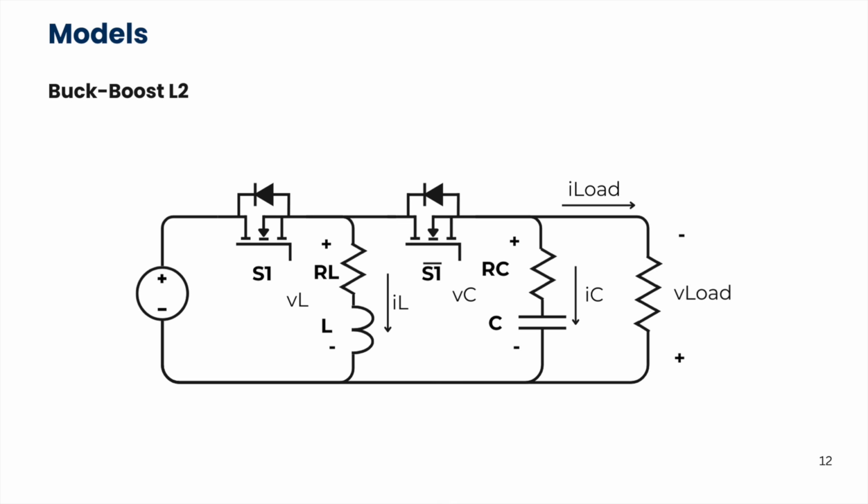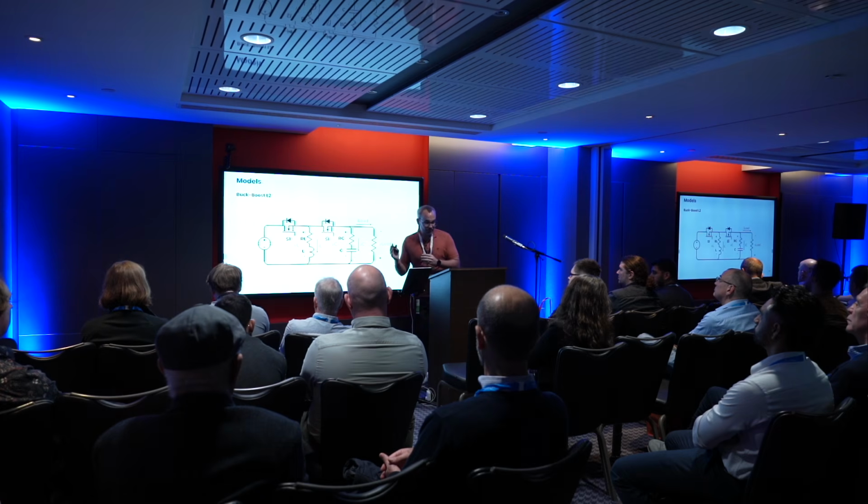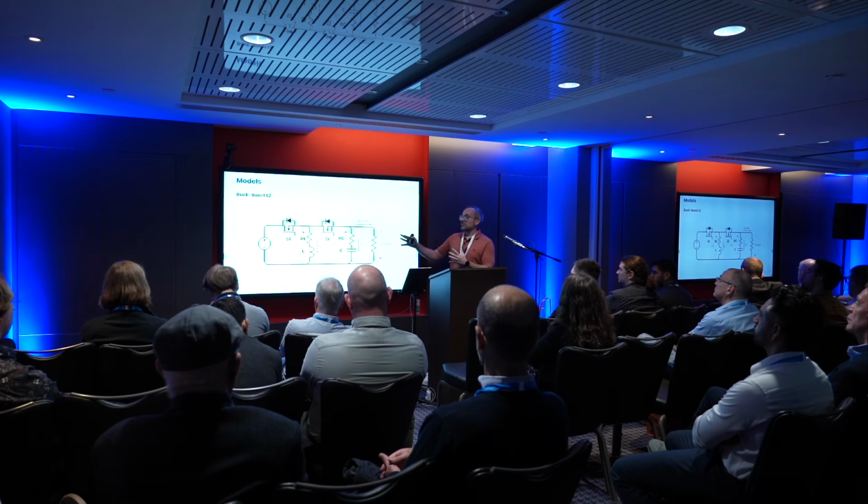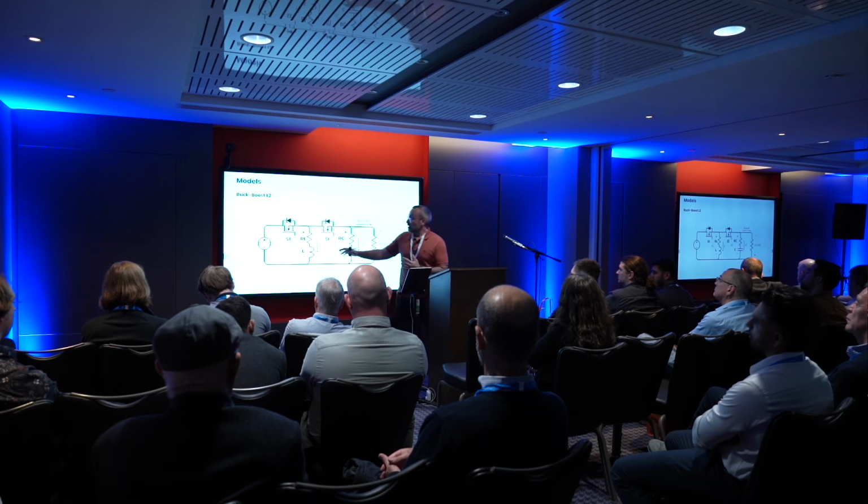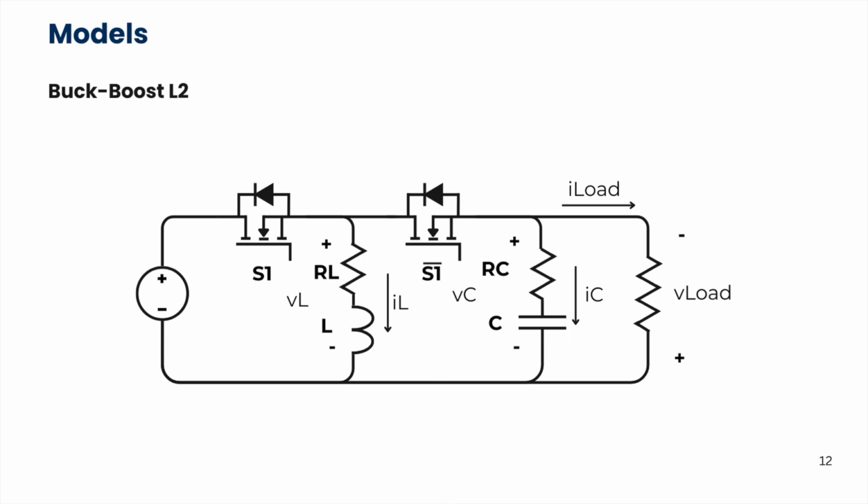We can go one step forward. If we need a more realistic model of the power converter, we can replace some of our components with more realistic models. For example, usually the inductors are represented with a series resistor. We can add this here. And the same for the capacitor. A more realistic model of the capacitor will be the one which has a series resistor, an ESR on the capacitor.